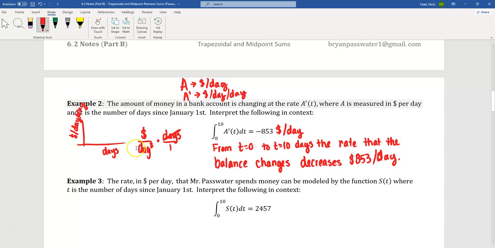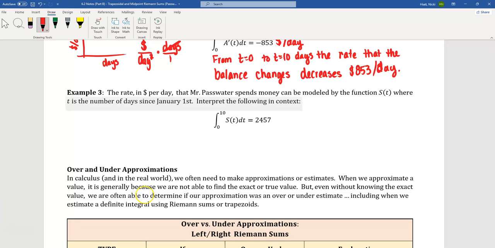Okay, let's look at the next one really quick. The rate in dollars per day that Mr. Passwater spends money can be modeled by S of t, where t is the number of days and S is dollars per day.